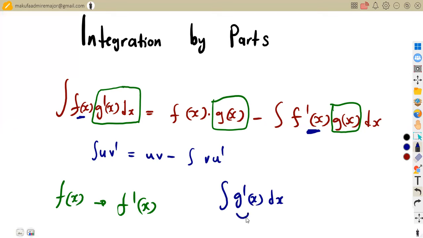By finding the integral of this, we obtain g of x, which is the g of x we see in the formula. The remaining part must be integrated, so it is a part that you can integrate. F of x is a part whose derivative you can find. As long as you can do that, you are going to apply your formula.